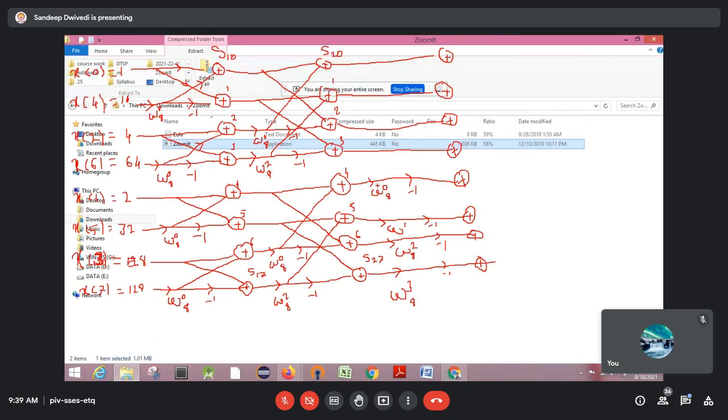After W you can take an upward arrow, this one, and then for the next one like this, then for the next one like this, and like this. Then you can join the remaining ones to this, like this.